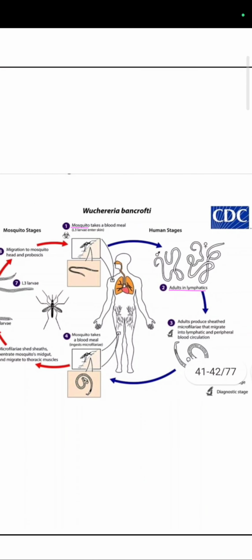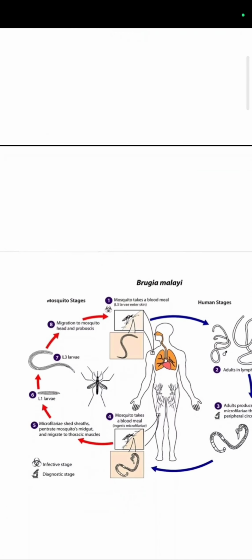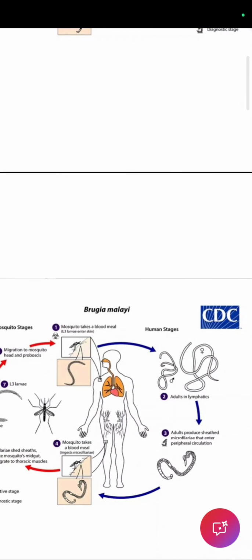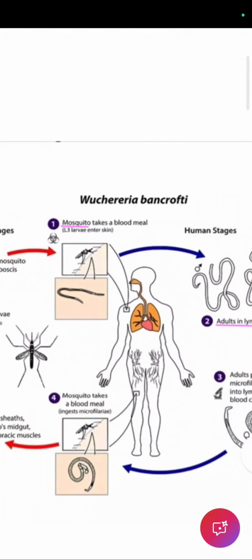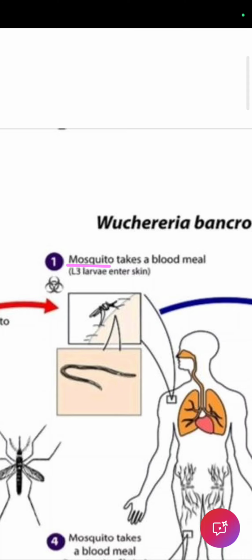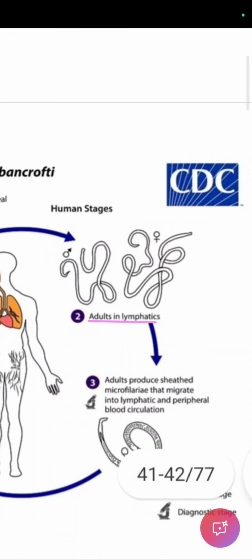Next we have Wuchereria bancrofti and Brugia malayi, which cause filariasis. These two cycles are pretty much exactly the same, as you can see. To identify filariasis, just look out for this mosquito as a vector, and they infect the lymphatics.